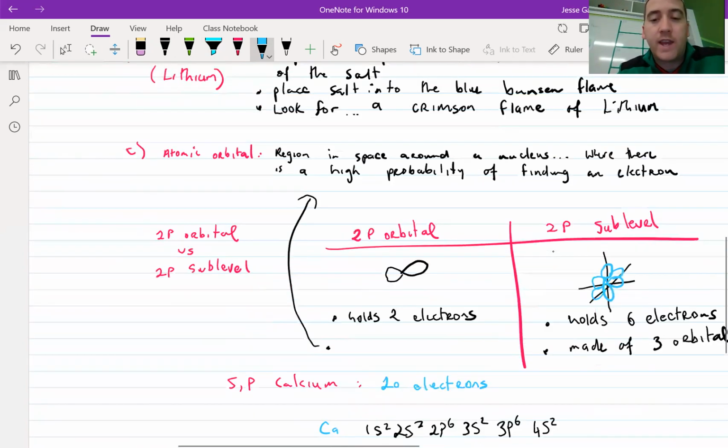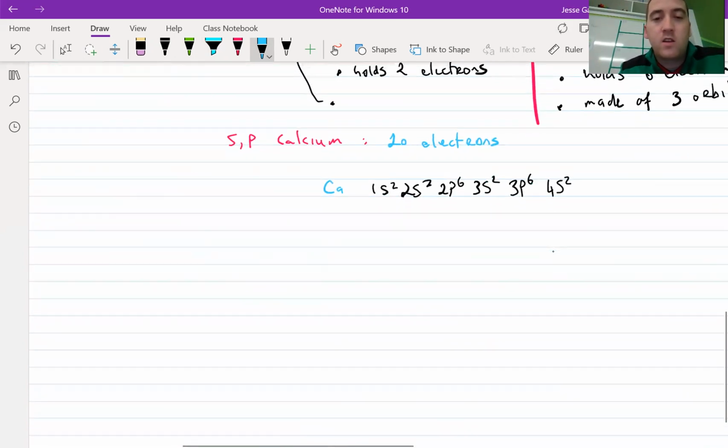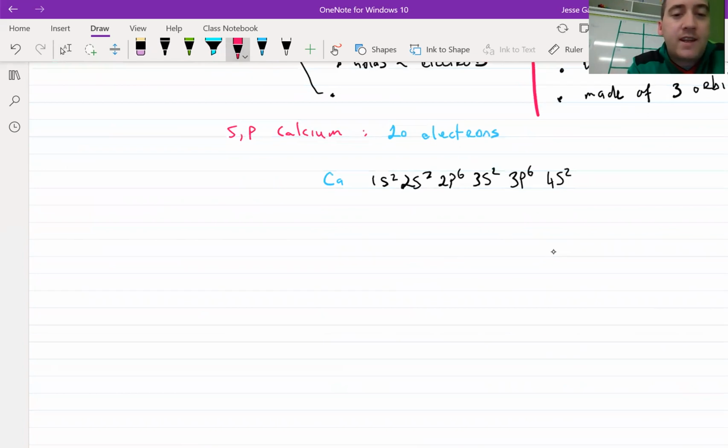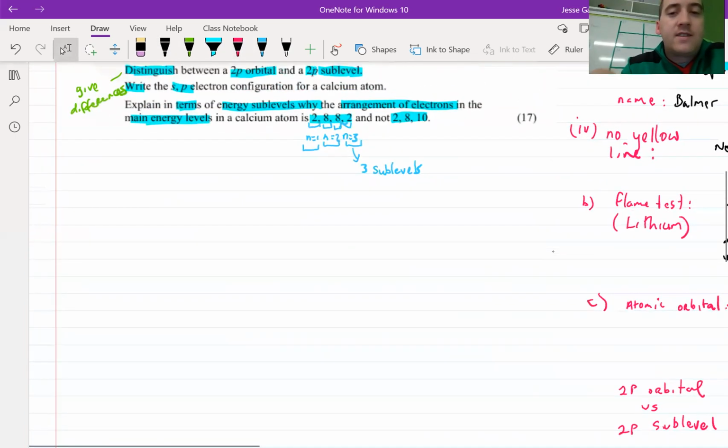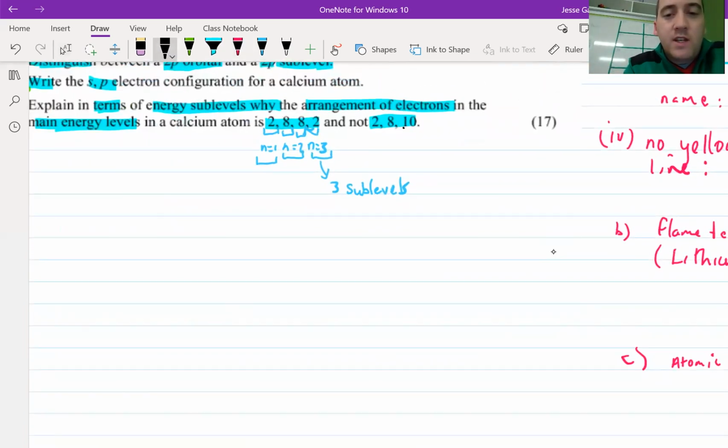Okay, so again, this was a tricky one. If you can explain that here, in terms of sublevels, pause the video and explain that answer now. Try that now. Okay, so the big thing here is that the reason why we don't continue to add the 2 electrons in here is because of this. These 2 electrons are in the 4s sublevel.